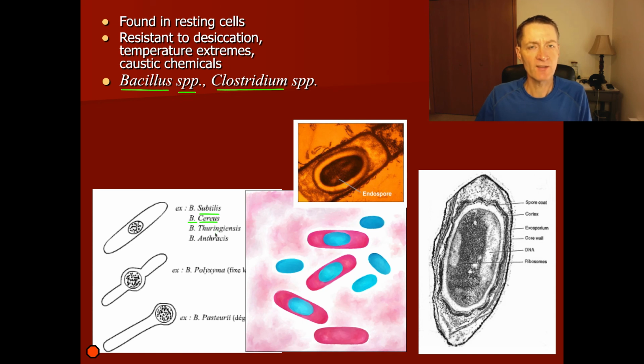But if you look at some of these other names, they might ring a bell. So B. anthracis causes anthrax, right? Now, if they're in spore form, they're going to resist a lot of different conditions, right? This organism in spore form is something that they were worried about with bioweapons, with bioterror.